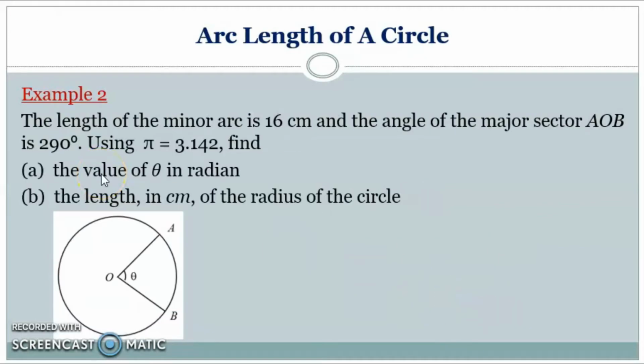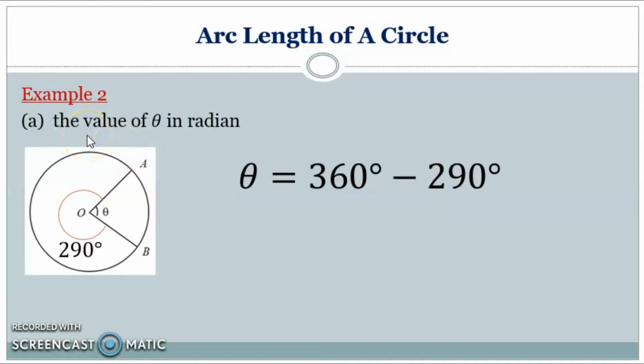Let us try one more example. Example 2. The length of the minor arc is 16 centimeter and the angle of the major sector AOB is 290 degree. Using pi is equal to 3.142, find A, the value of theta in radian, B, the length in cm of the radius of the circle. To find the value of theta in radian, first we know that the total angle of a circle is 360 degree.